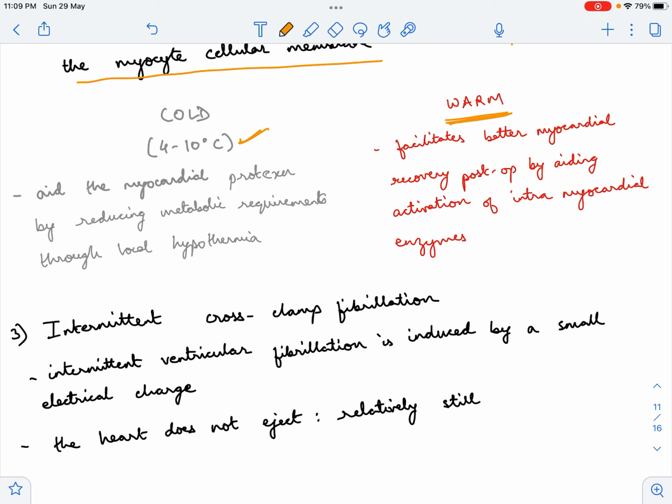You can use a warm solution. Using a warm solution facilitates better myocardial recovery postoperatively by aiding activation of the intramyocardial enzymes, because enzymes, as you may recall from your preclinical knowledge, are activated at body temperature. So if you use a warm solution, the enzymes get reactivated.